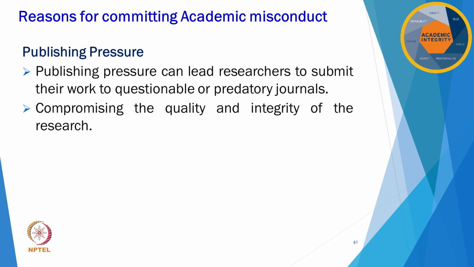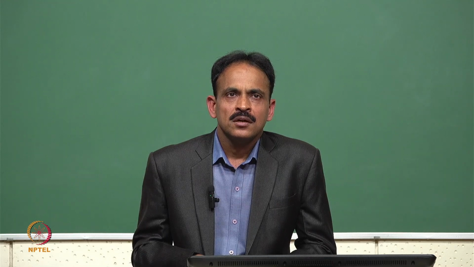The pressure to publish can lead researchers to submit their work to questionable or predatory journals, compromising the quality and integrity of research. Researchers may also be tempted to divide their findings into multiple publications to increase their publication count, sacrificing the completeness and significance of each study.